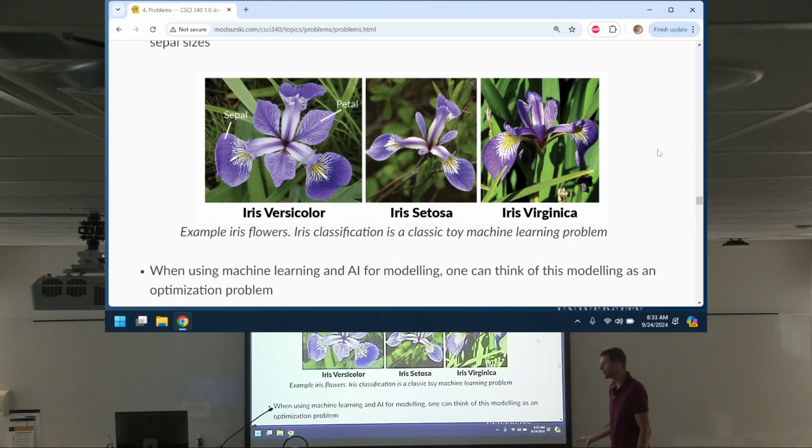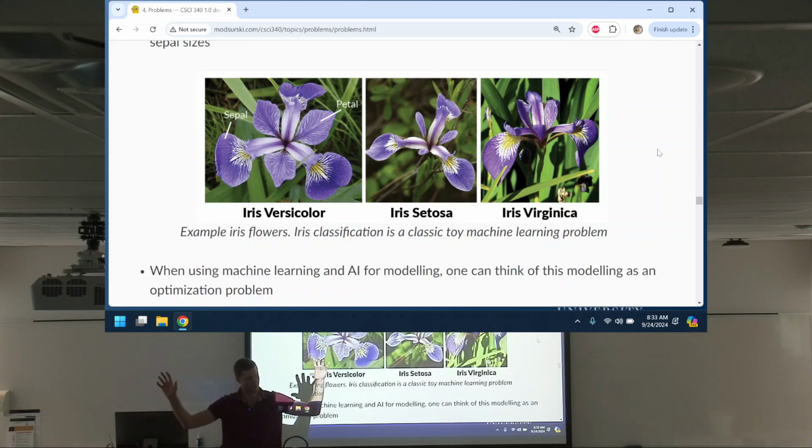Sometimes these modeling problems can be framed as optimization problems, often in AI and machine learning, where you kind of flip it. You create the conventional input, model, output, but what we're looking for is the model.